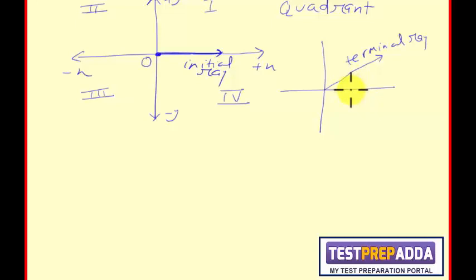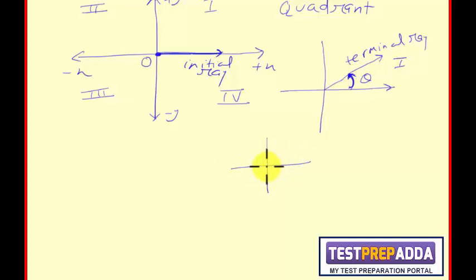You can see the rotation of the initial ray. How much rotation? Rotation until it coincides with the terminal ray. So what will you say? If the terminal ray is in the first quadrant, the angle will be in the first quadrant.